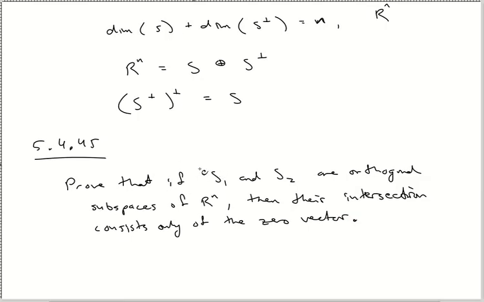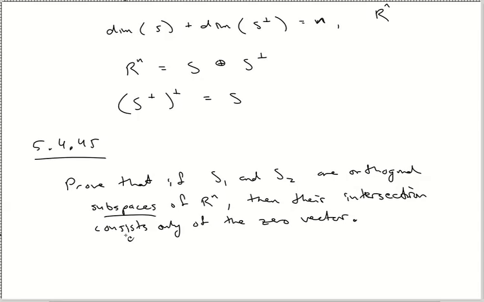So I have orthogonal subspaces here. Are they complements of one another? I think the key word that we're going to be looking for here is subspaces. Subspaces goes way back to, I think, chapter 4, where there are special properties that subspaces have: closure under vector addition, closure under scalar multiplication, and you have to have an additive identity.